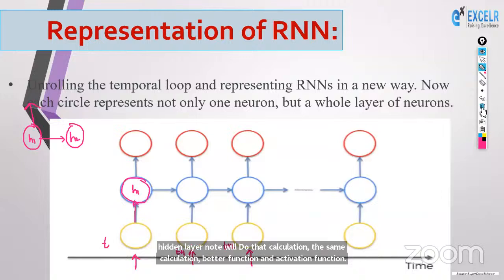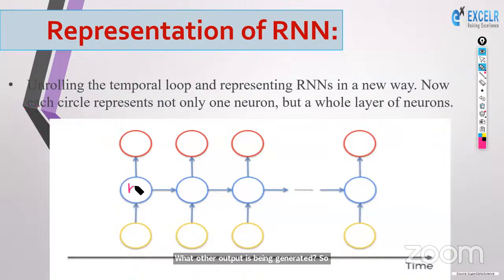Whatever output is generated by this node H1, it will be fed to the output node of this particular time instance t, as well as the same output will be the input to the next layer node, right?